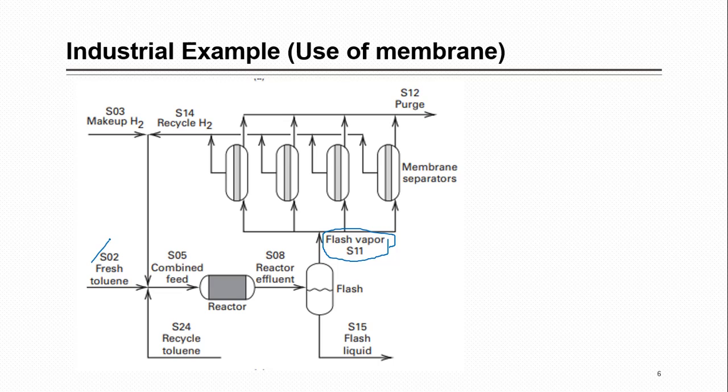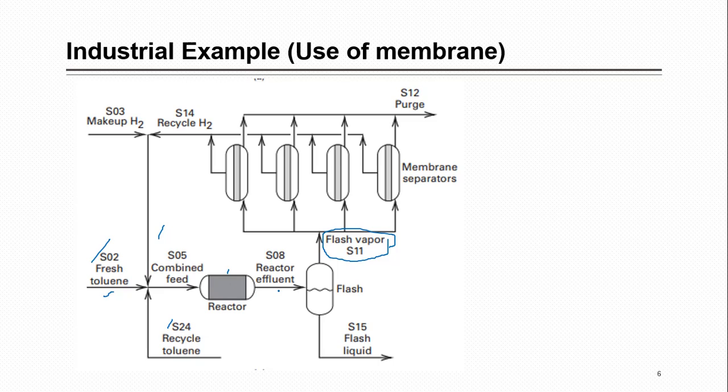Overall this system is the same: you are bringing fresh toluene and mixing it with the hydrogen stream, as well as some recycled toluene, and they enter the reactor. Conditions are the same which we have already talked about, 950 degrees Fahrenheit and 500 psi pressure. Inside the reactor, your main reaction of toluene conversion to benzene as well as xylene takes place, and some side reaction takes place.